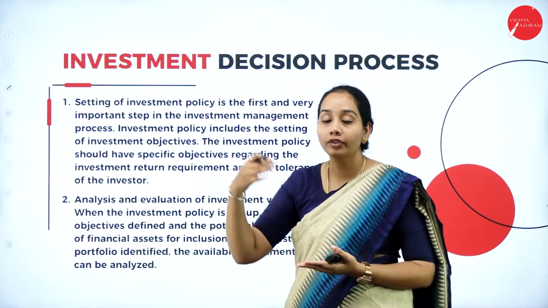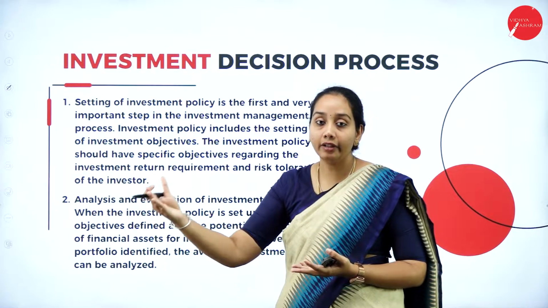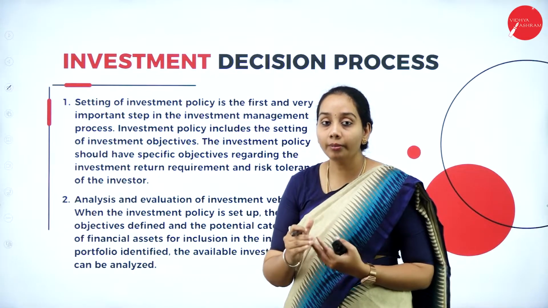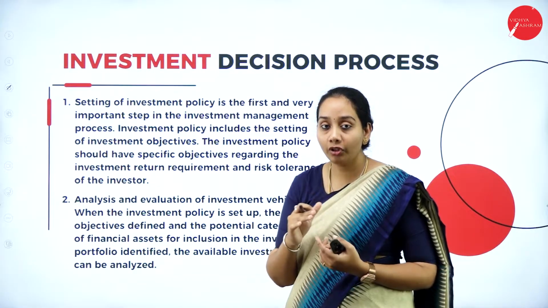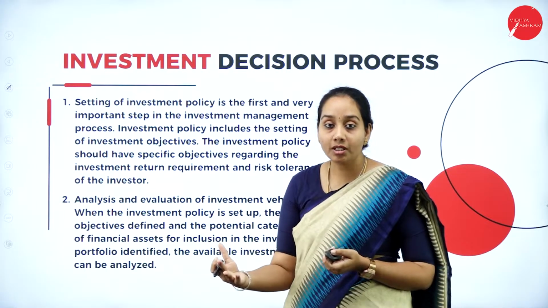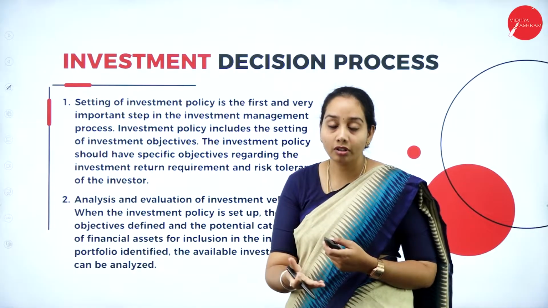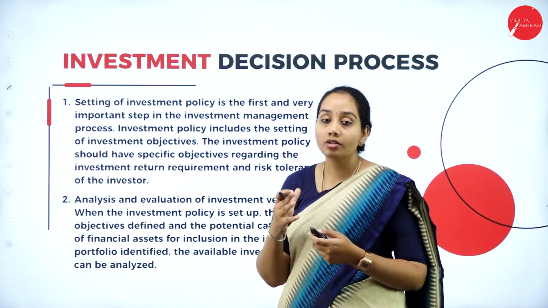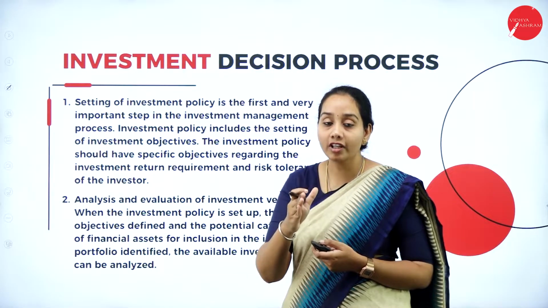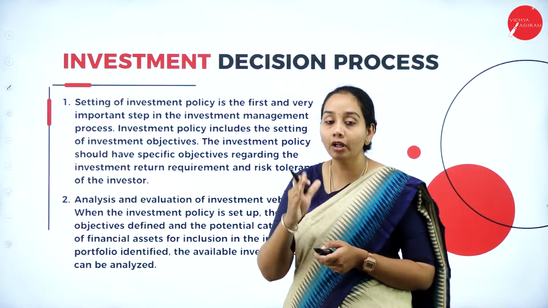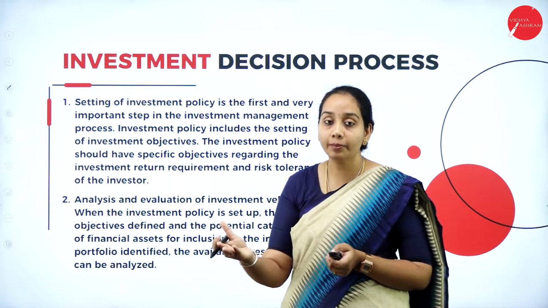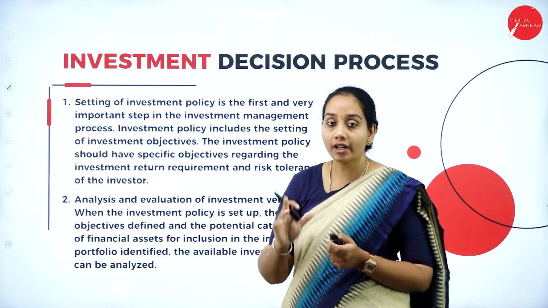Because after you reach an age of 18 or 20 or 21, 22, that amount can be withdrawn by you or your parents and utilized for your higher education, or any business purpose, or marriage, etc. So the first step for selecting an investment policy is to have a proper objective behind what you are going to do when your investment has matured. So that is the first step.